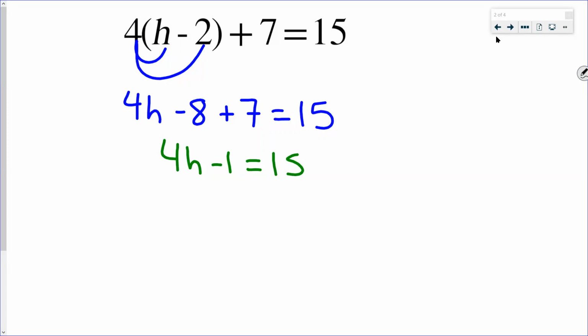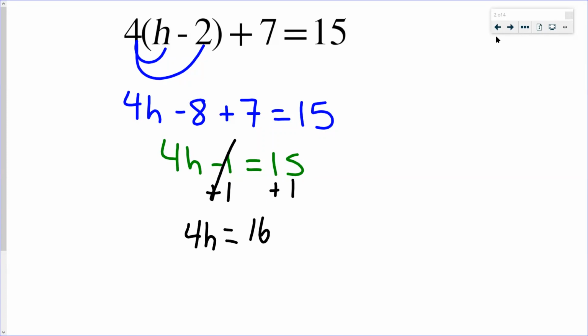Cohen, are you sleeping too? Don't you minus or plus negative 1 to both sides? Well, we wouldn't plus negative 1, but we would add a positive 1 to both sides. Yep. That gets rid of the 1. You see that there, Zachary?